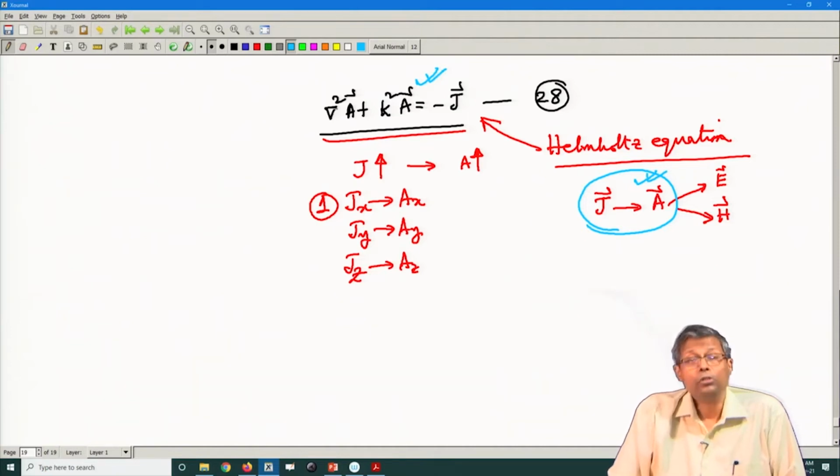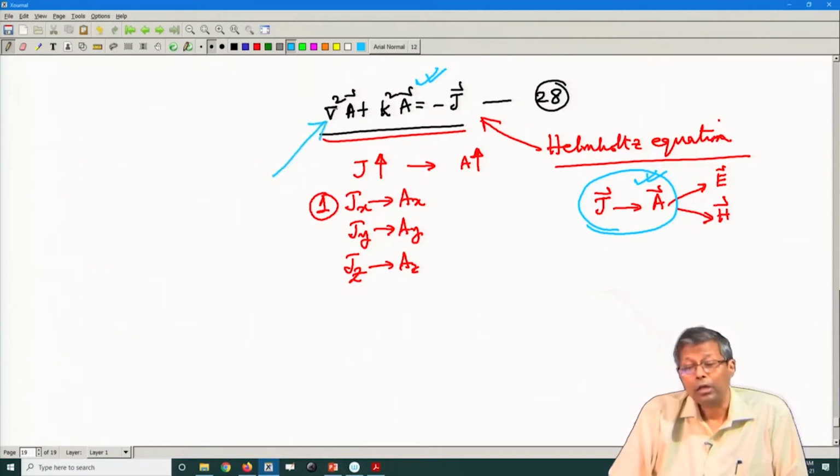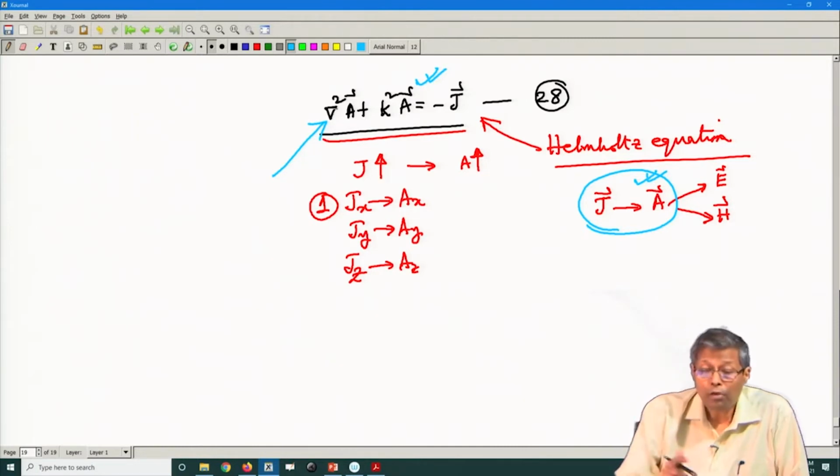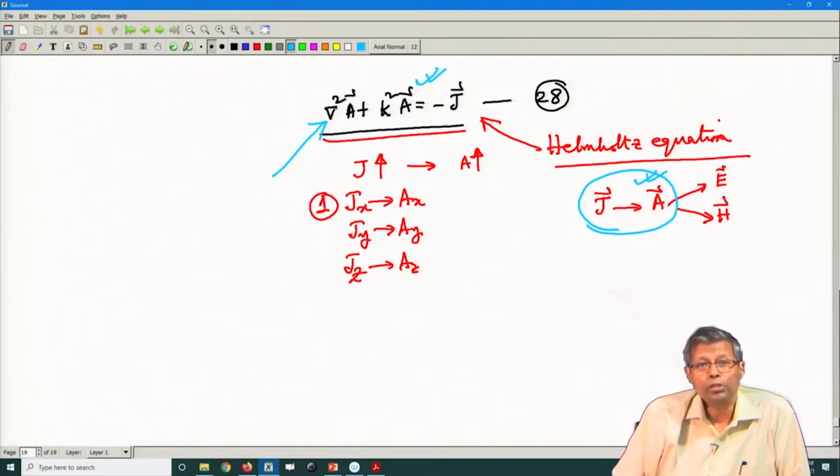This Helmholtz equation is solved under the imposition of the boundary conditions of the problem. So, therefore, A is found from this current source J by the imposition of boundary conditions.